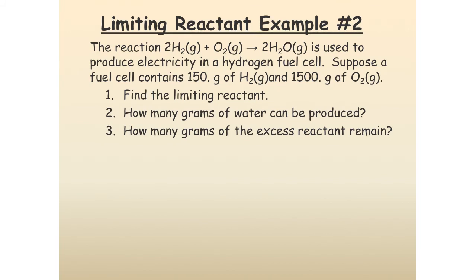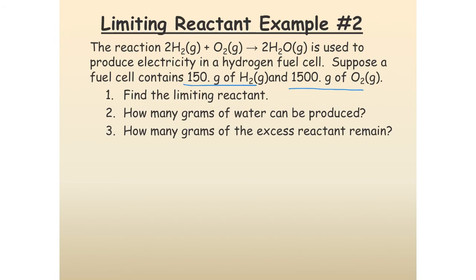All right, so we have another example. We have H2 gas, 2 moles of H2 gas, plus 1 mole of O2 gas makes 2 moles of water vapor. And that is the reaction that produces electricity in a hydrogen fuel cell. Suppose the fuel cell contains 150 grams of H2 and 1500 grams of O2.